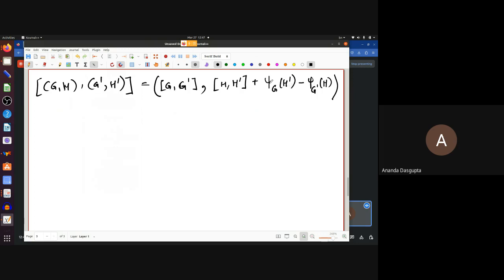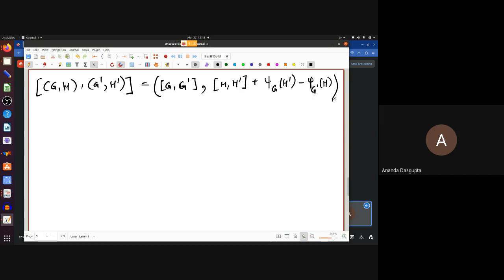All I'm doing is absorbing the alpha in the definition of psi G. I'm saying, let's change the definition of psi G. Whatever psi G gave you, alpha times that is going to come out of this new psi G. So absorbing alpha in the factors here, right? So this is the proposal.